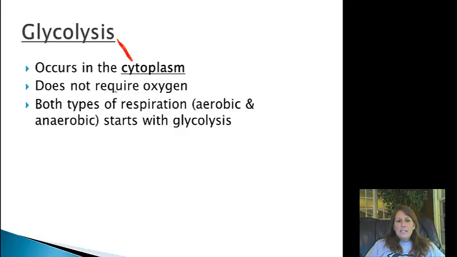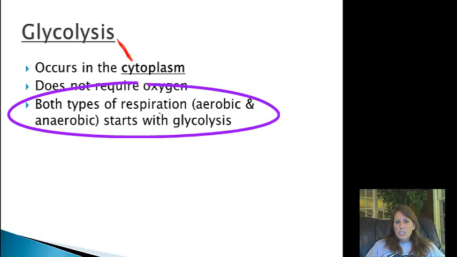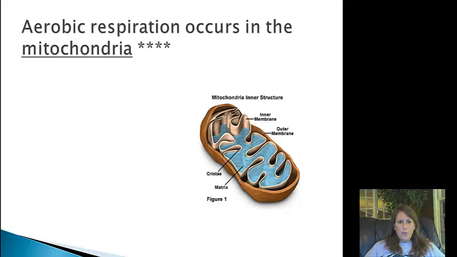It doesn't need oxygen, so it could be in either an oxygen-rich or oxygen-poor environment. No matter what, glycolysis is going to start either type of respiration, because it's not dependent on oxygen to do that conversion of the glucose.